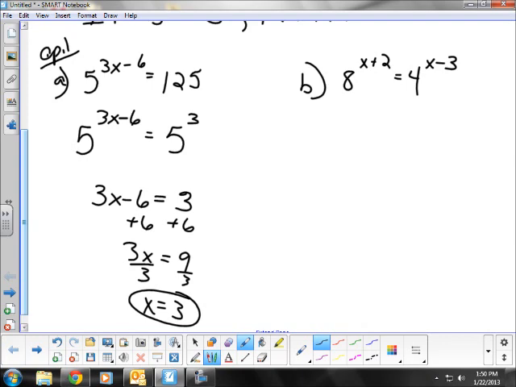We go smaller, y'all. We need a number that goes into both of these. 2, right? So 8 is 2 to the third, and that 8 was raised to the x plus 2 power, so we have to write it that way. And 4 is 2 squared to the x minus 3.